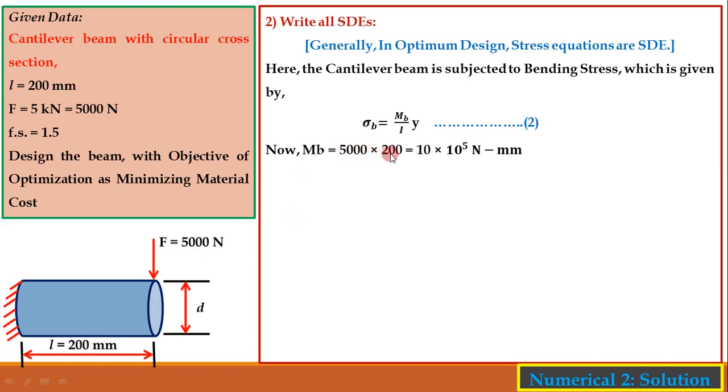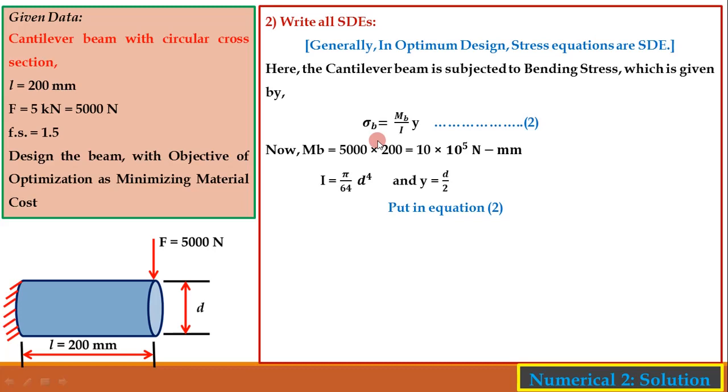So 5000 into 200 is the maximum bending moment and its value is 10 into 10 raised to 5 Newton mm. Now let us find out I and y. I for circular cross section, moment of inertia, is pi by 64 d raised to 4, and y is d by 2.